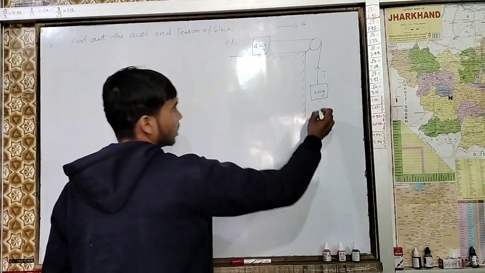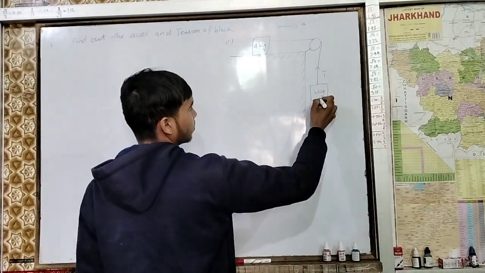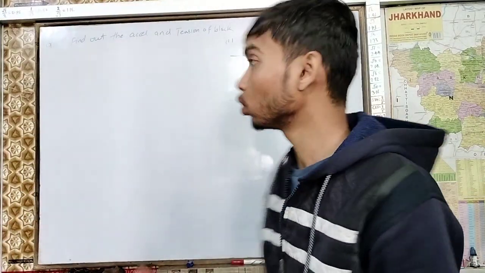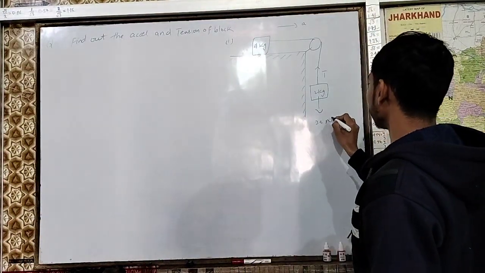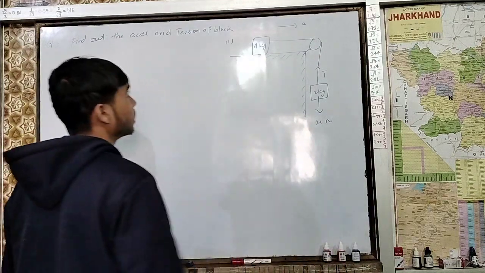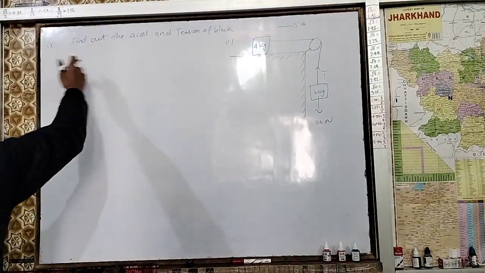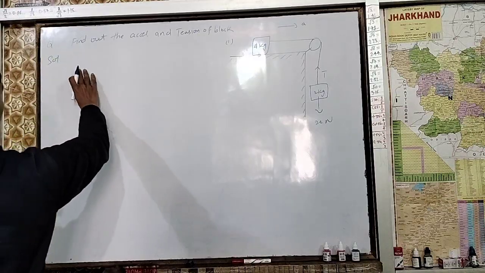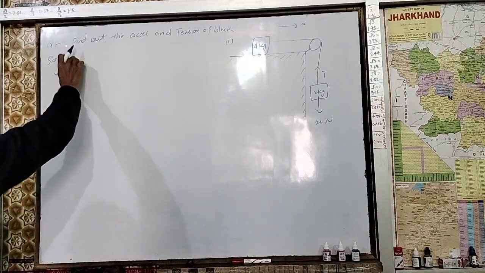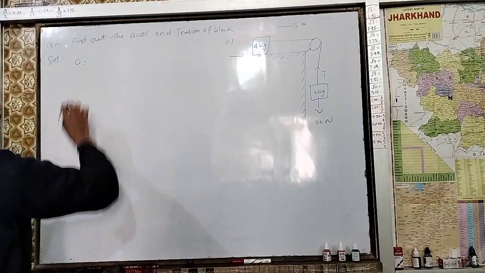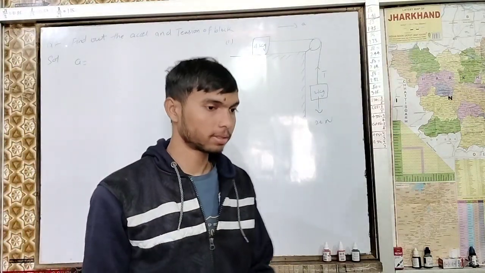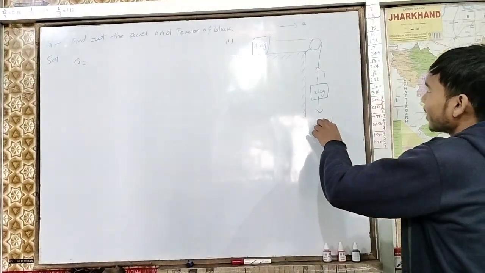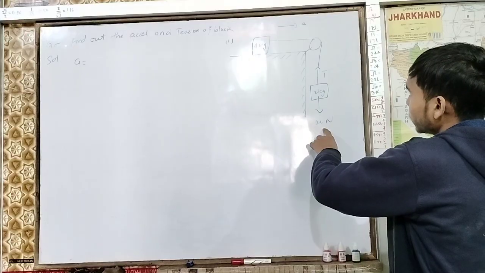Now you can find mg. For this T would be how much? You would say mg, 2 multiply 10, 20 Newton. Okay, 20 Newton. Question is asking acceleration. Let's assume question is asking acceleration. For acceleration we have complete downward force. Okay, downward force is how much? 20 Newton.